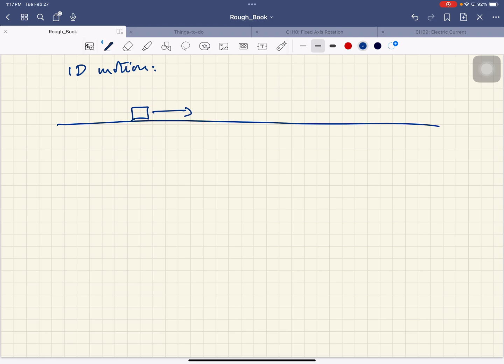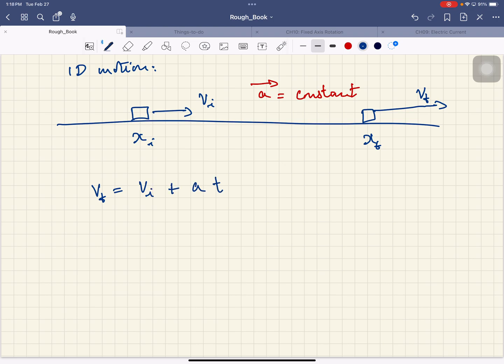Let's say here is x initial, x final, v initial, v final. This is a. When a is constant, you had these formulae. V final equals v initial plus a times t.